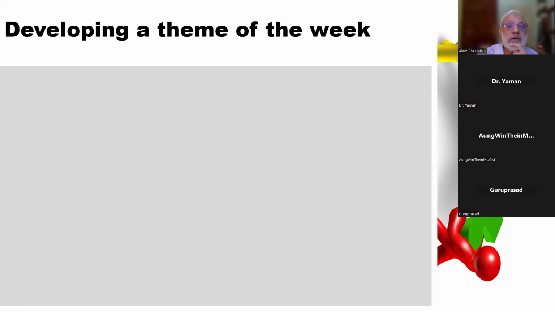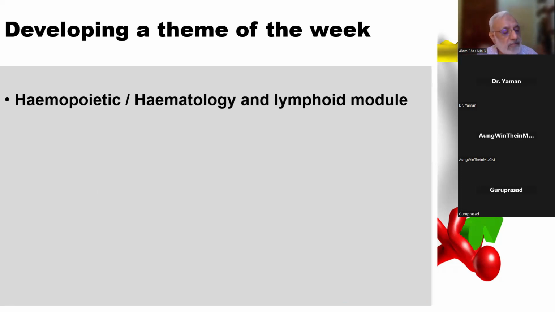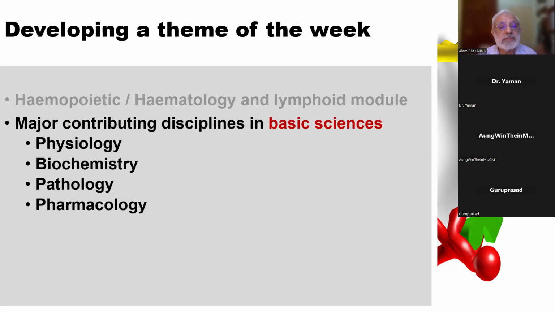How to develop a theme of the week? Here is an example. Let's say we are talking about the hemopoietic, hematology and lymphoid module. We know that the major disciplines involved would be physiology, biochemistry, pathology, and pharmacology.